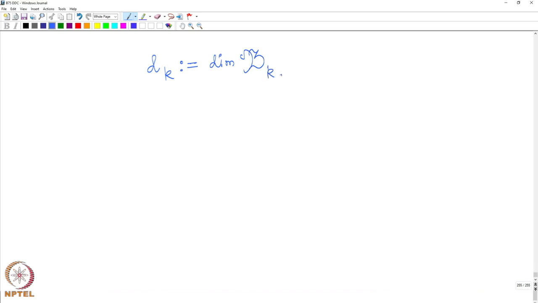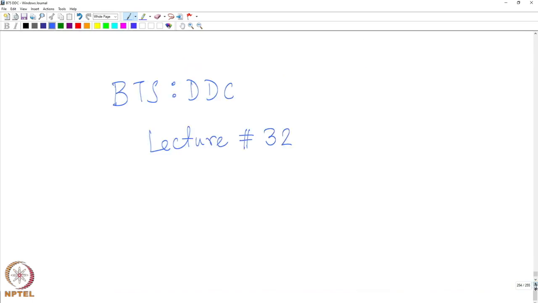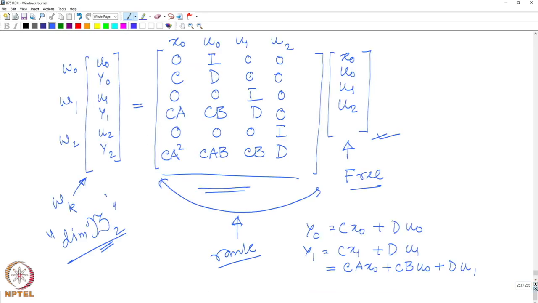Okay. What we did for that was we wrote down this matrix W0. So, for us W is u y.